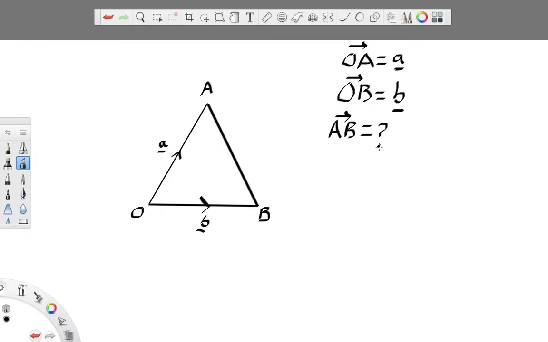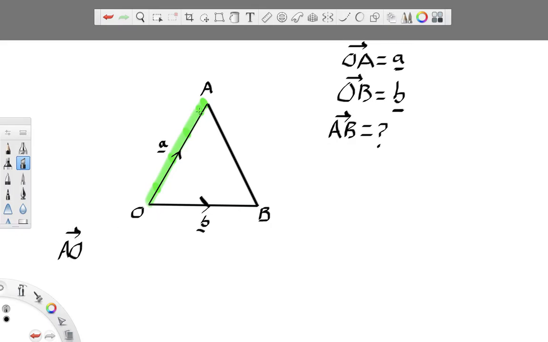So, going back to OA. So O to A, so starting here and ending up here. So we're going from O to A. So that travels along the vector A. But what about A to O?